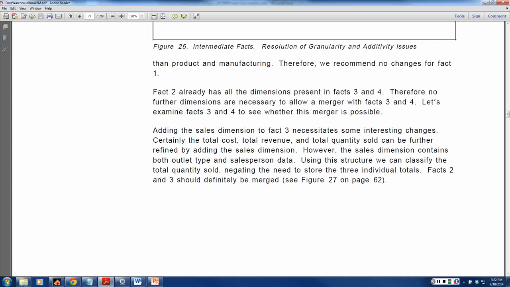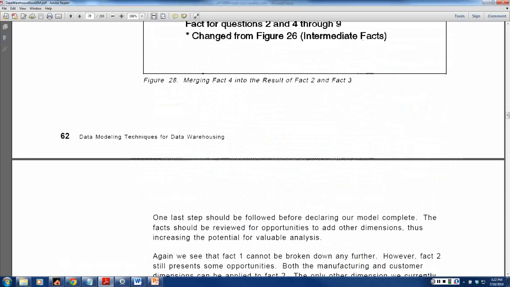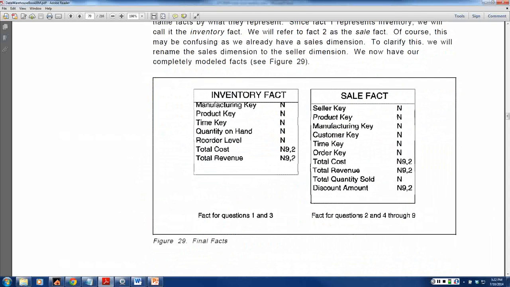Again, they have been defining the facts, and finally, you will see here they have come up with 2 facts. One is called inventory fact, one is called sales fact. Now, if you focus here, the last 4, total cost, total revenue, total quantity sold, and discount amount, these are the actual facts, whereas all these are actually foreign keys from other tables.